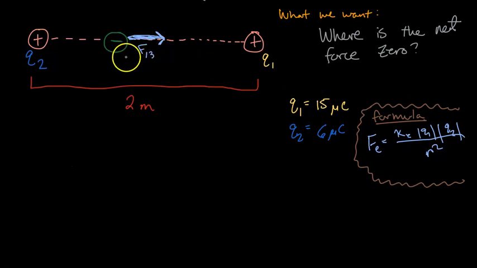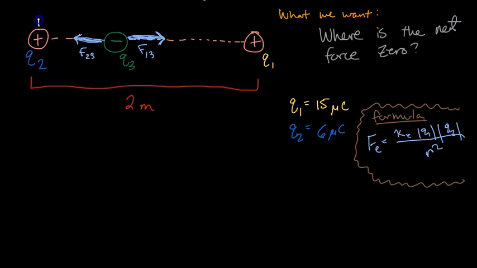This is our charge 3. And then we will have one going this way, and this one will be our force of 2 on 3. And we want to find when these two are equal.